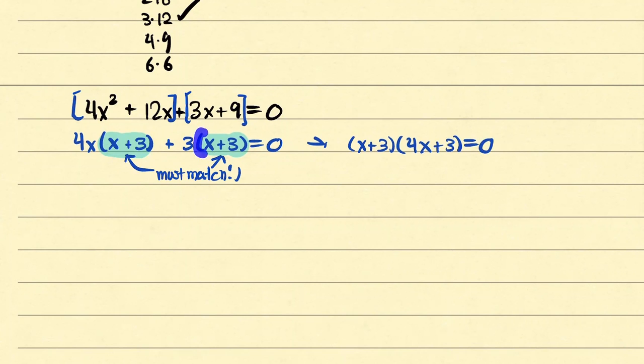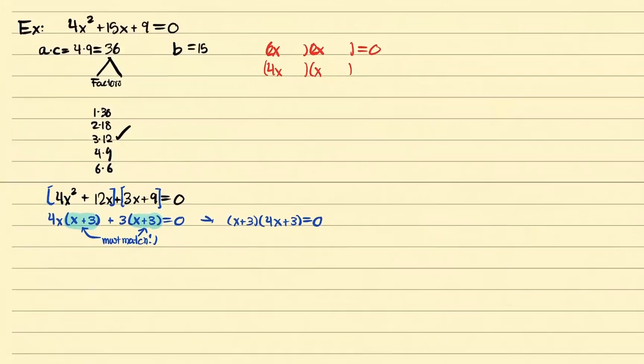So what I did is I took this quantity and pulled it out of 3. I took this quantity and pulled it out of 4x. So what I really have is this quantity times these two different terms. And if you were to take this and redistribute it to the 4x and the 3, you would get back this equation. So it is a valid factorization.